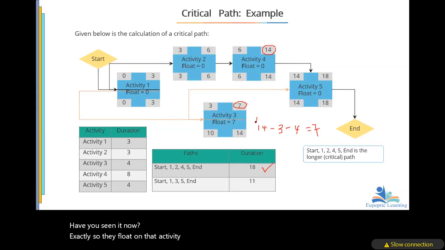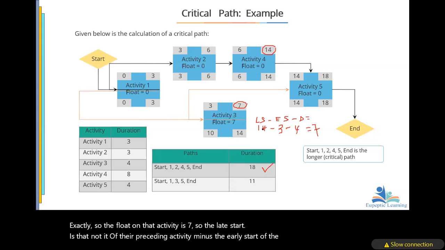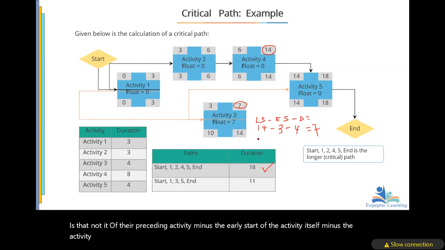So the late start of the successor activity minus the early start of the activity itself. You should be able to use something to denote that it is the successor activity.